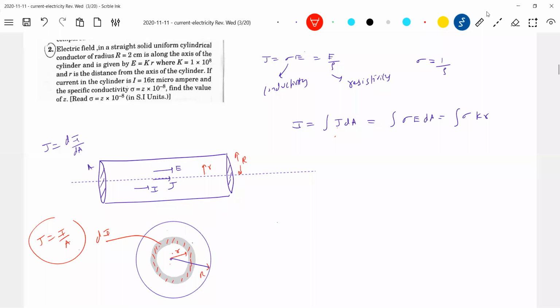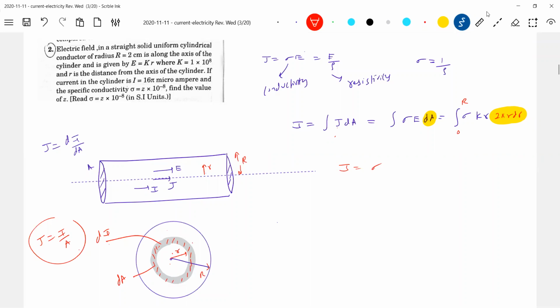So here definitely, the current in this elemental strip will be how much? dI. So what is the dI? It is what we write as integral of J into dA. dA is what? This area. In place of dA, what should we write? 2 pi r dr. So we know the value of I. Integrating this and solving for sigma will give the required answer.